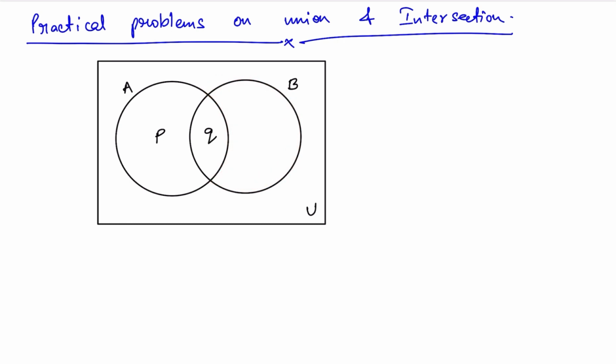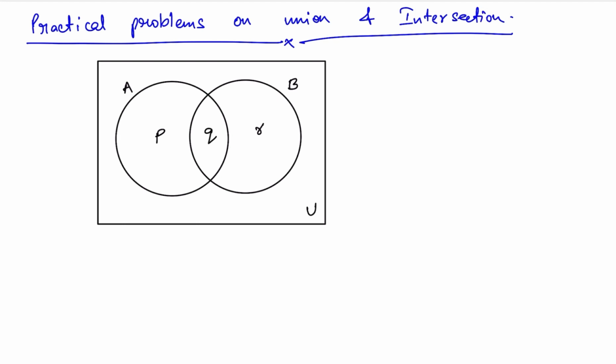So what we have considered: in this region there are p elements, in this region there are q elements, and in this region there are r elements.